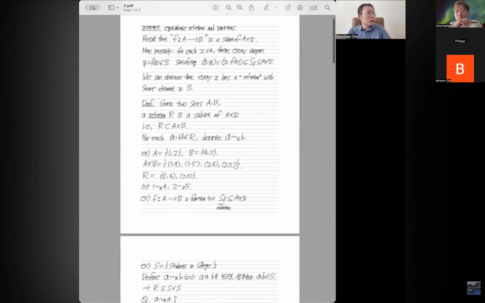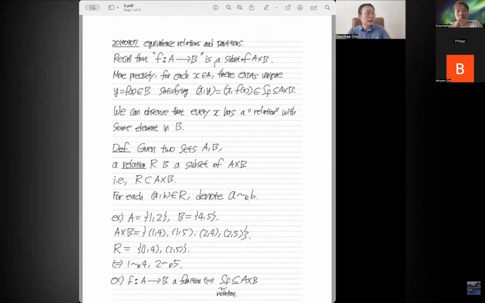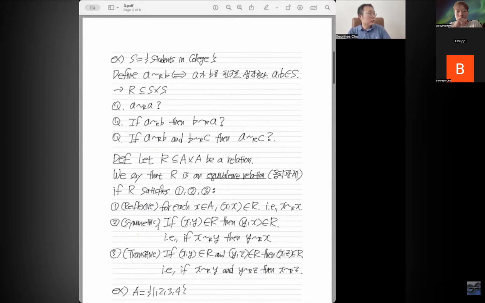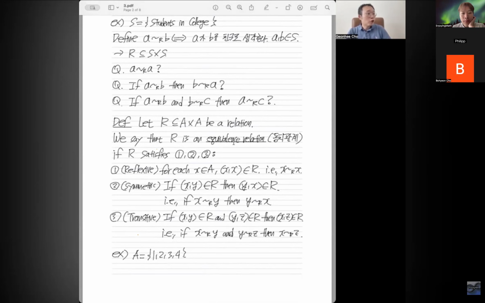In the first stage, we look at function again as a special case of relation. A function connects elements of two sets by ordered pairs, but it satisfies the special condition that each input is connected to exactly one output. And in this another next stage, we define general relation. A relation is a way of recording which element is connected to which element between two sets. Especially, we define an equivalent relation among relations in one set. An equivalence relation is a relation satisfying reflexivity, symmetry, and transitivity.